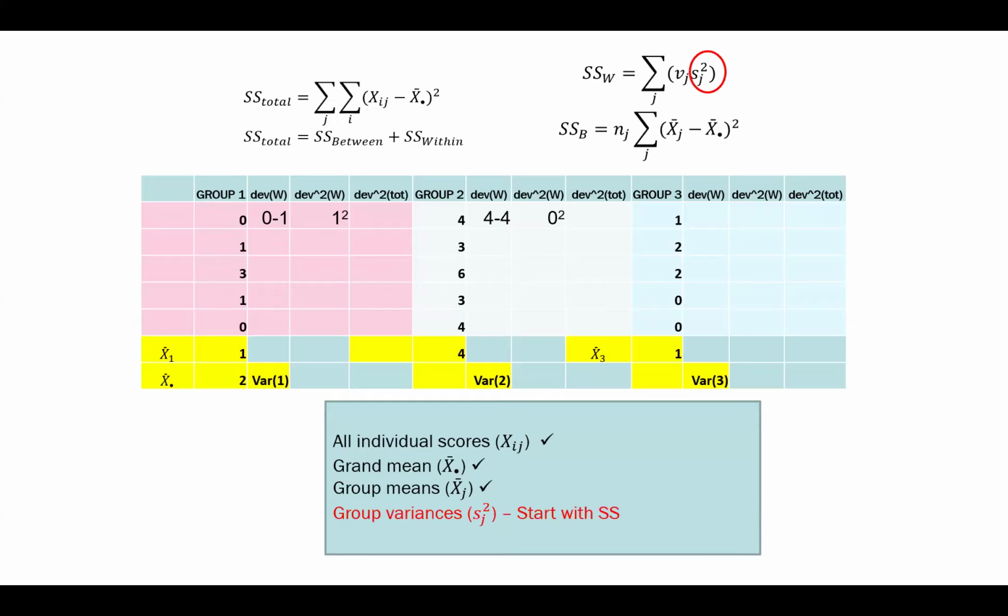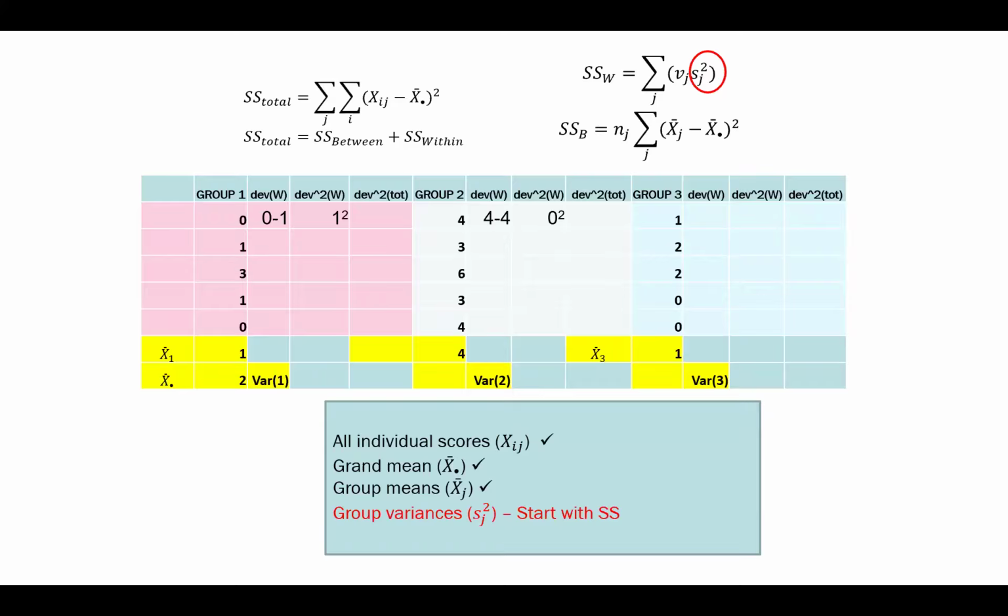There is actually an alternative formula to this, which we'll see later on. Sometimes one is simpler, sometimes the other, but regardless of which one you use, you have to have the sums of squares.